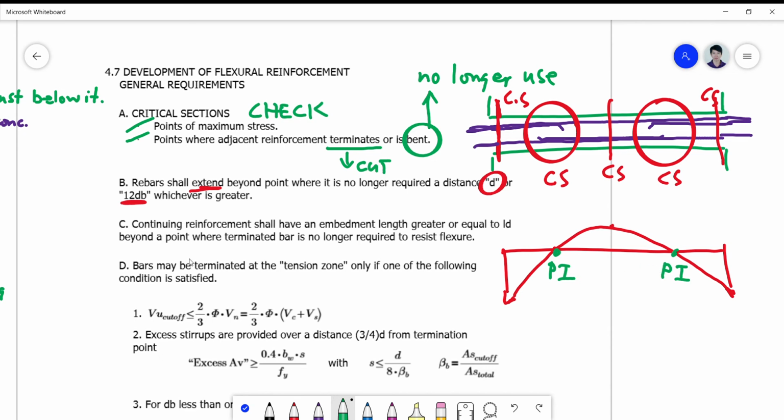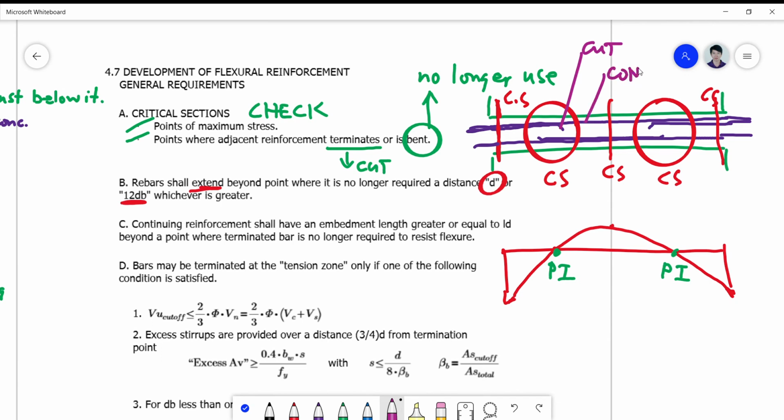So for letter C, continuing reinforcement shall have an embedment length greater or equal to LD beyond the point where the terminated bar is no longer required to resist flexure. So again, we have to take note that this cut bar here has a continued reinforcement. So we have what you call here a cut bar, cut, and we have a continued bar.